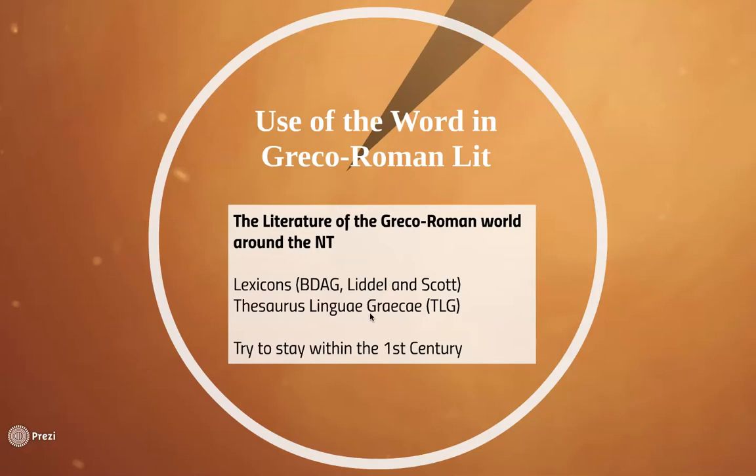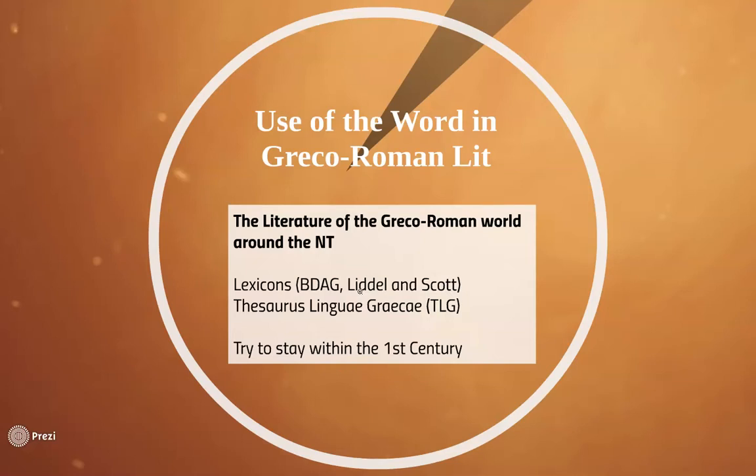As we move even beyond that area, we'll notice that we have these concentric circles that are expanding. Now we're looking at the broader Greco-Roman world, the literature of the Greco-Roman world around the New Testament. And in order to access this material, we look at lexicons like Bauer, Danker, Arndt, and Gingrich, or BDAG, or the classical Greek lexicon of Liddell and Scott.